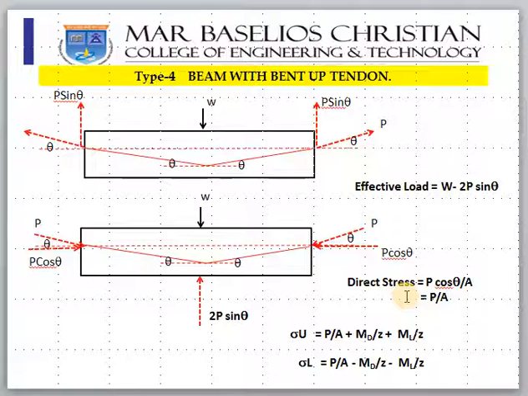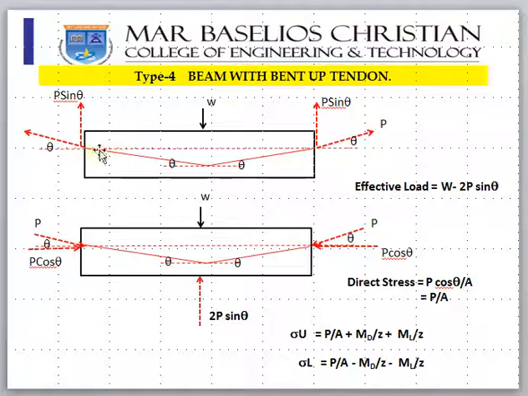In the previous problems we have seen tendons only as straight-line tendons, either below the neutral axis or above the neutral axis. There can also be bent-up tendons like this, as you can see in the figure.